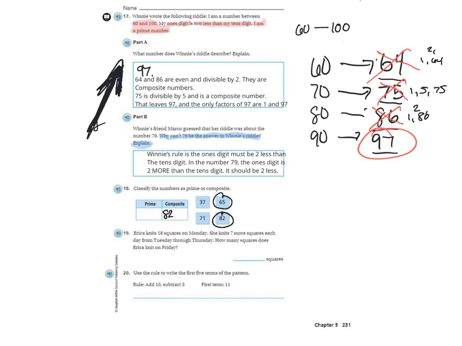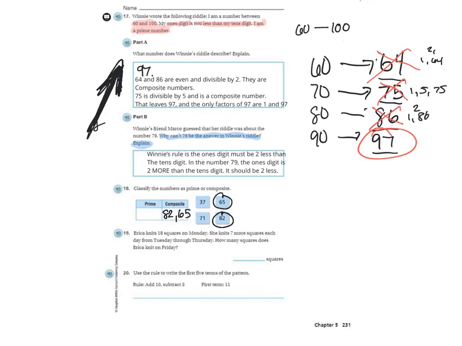It's divisible by 2. 65 can be divisible by 5. So we know those are composite. It doesn't matter if I don't know 5 times what gets me 65. I know that I can divide 5 into 65. So now we're left with our prime candidates, maybe 37 and 71.